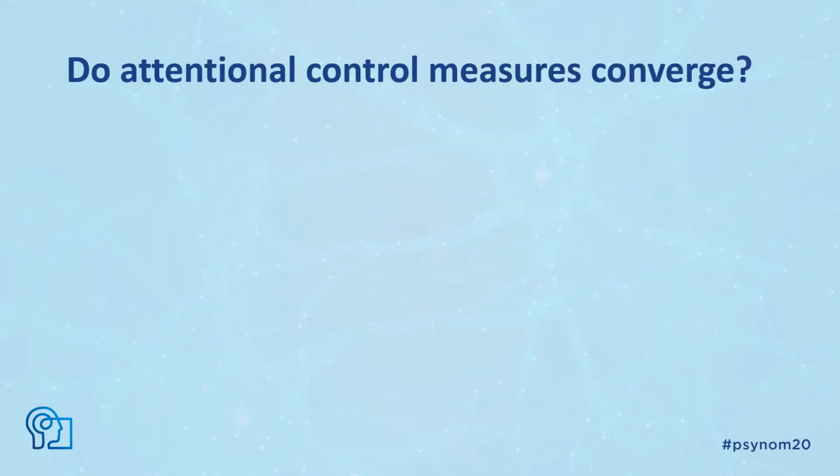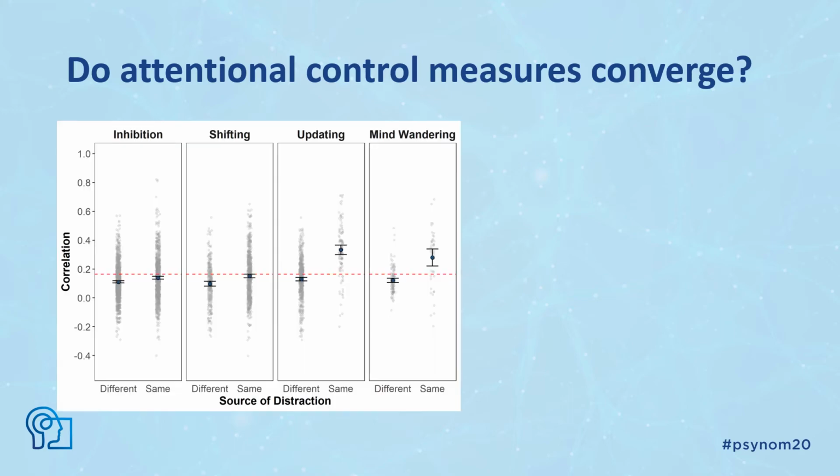So what about the correlations between these measures? Do attentional control measures converge in the way that we would expect them to? To look into this, we plotted the correlations for these different measures, for the different attentional control factors, but also accounting for whether they would involve the same source of distraction or different sources of distraction.